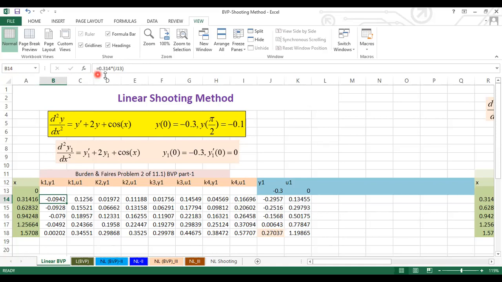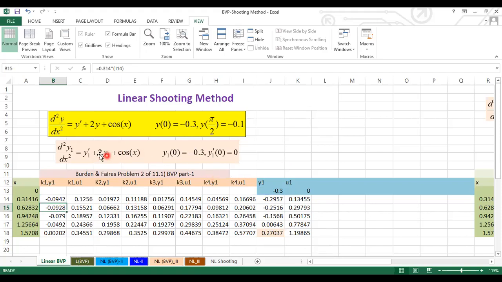So B14 is equal to, for example, 0.314 times J13. If I click over here, it is going to highlight the particular cells. So it means in this calculation, a value from J13 has been utilized.